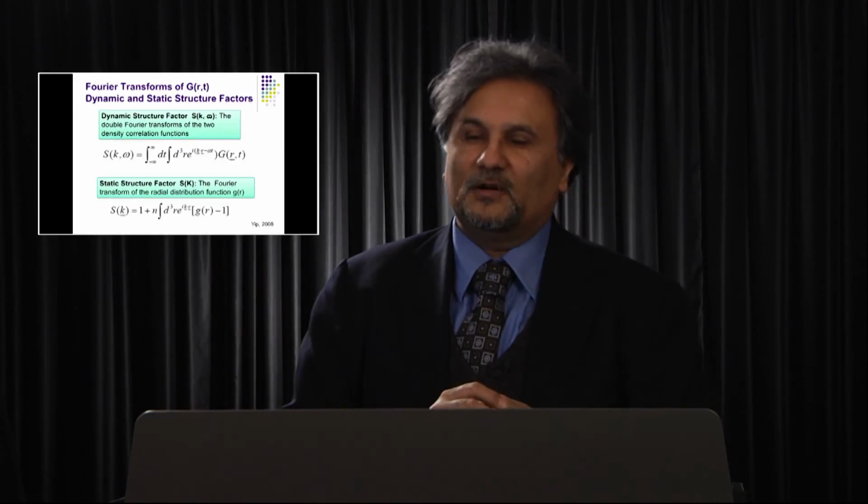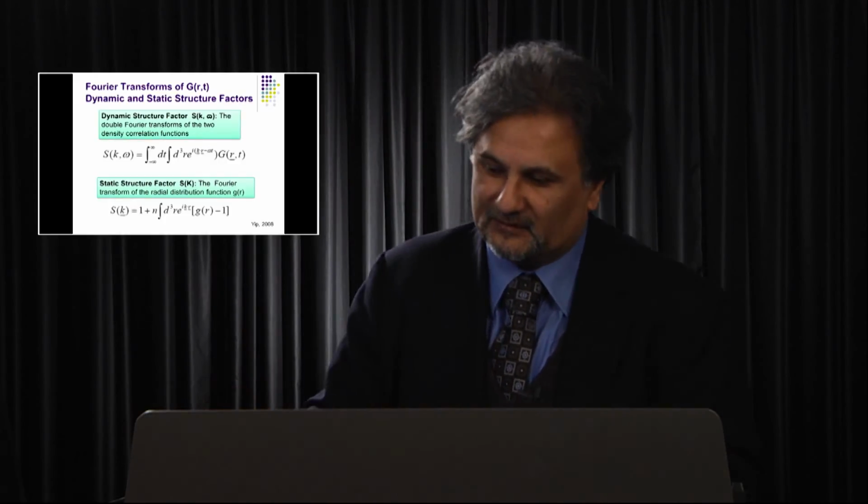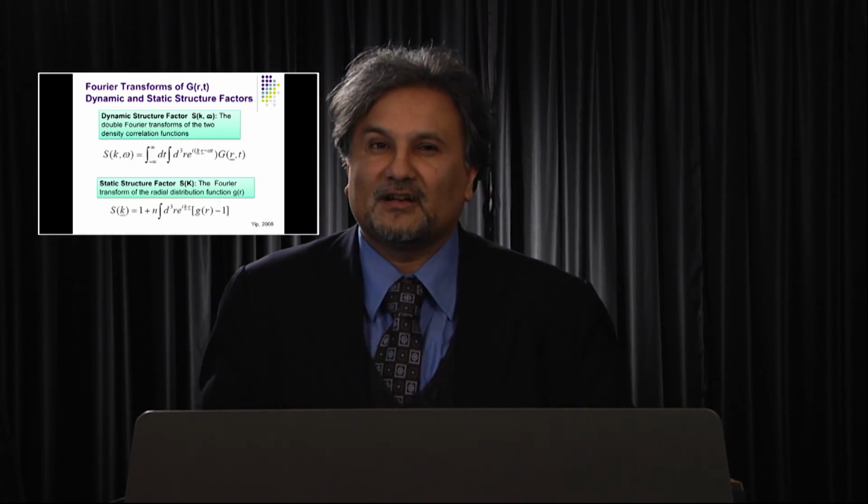So, that is where you use the Fourier transform of G(r,t), that is where you get the dynamic structure factor. And the reason we call it structure factor is because that is the property that you can obtain from neutron scattering experiments and neutron diffraction experiments, particularly for the structure factor.